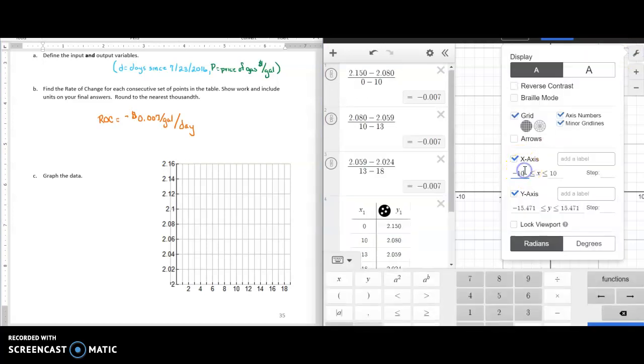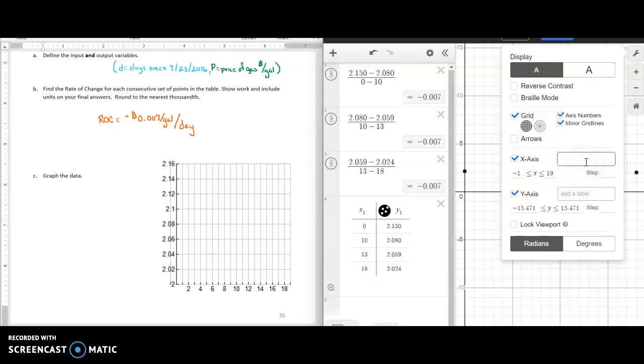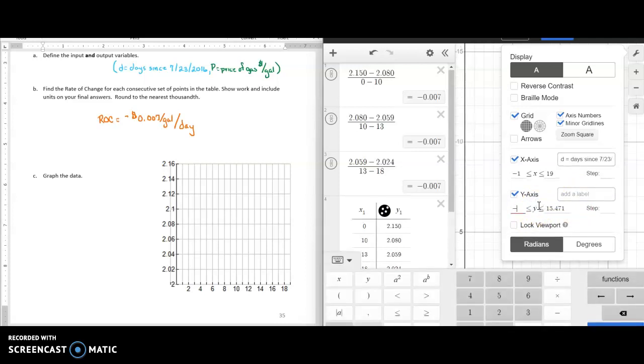I want to go from negative 1 to 19, and I can call this D equals days since 7/23/2016, and then my vertical axis looks to be going from $2 to $2.16.